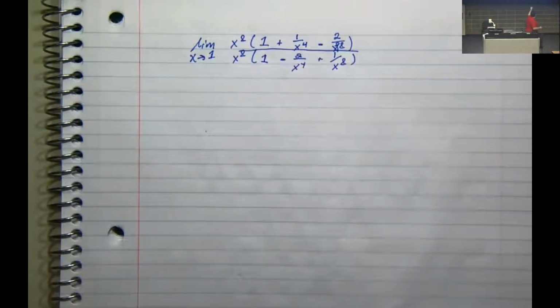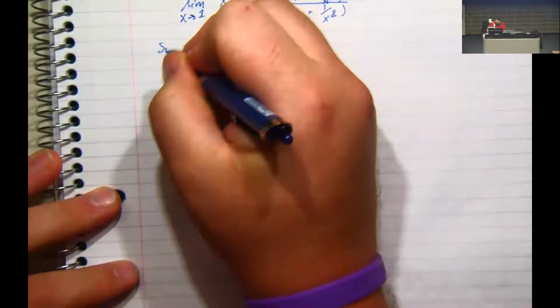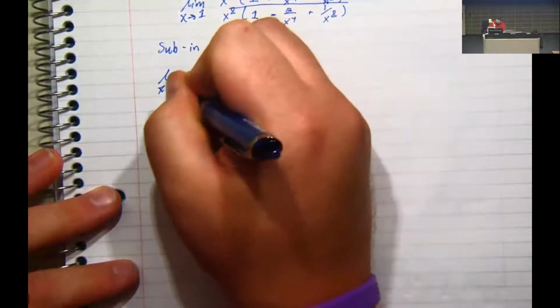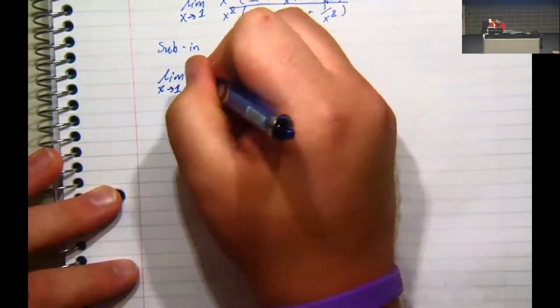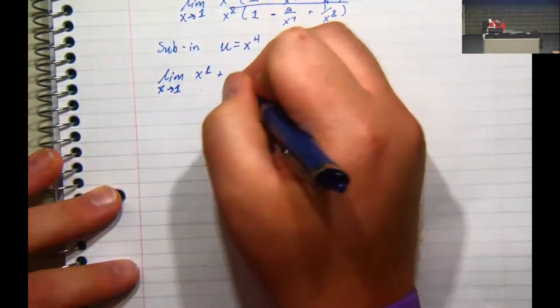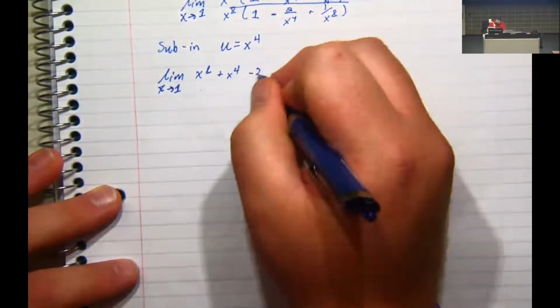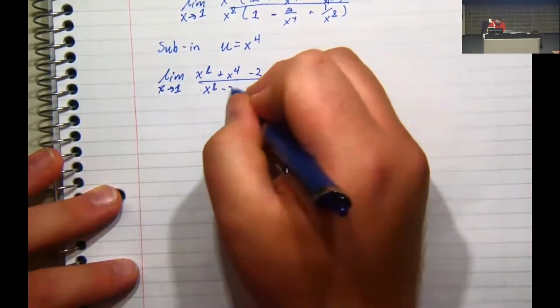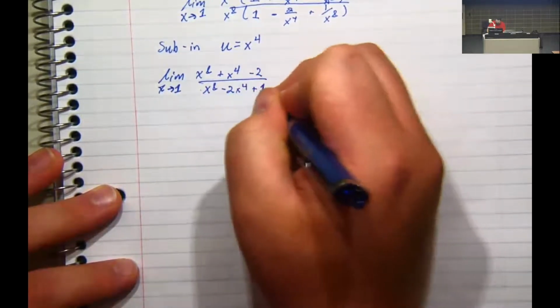You're saying how did I get, okay, yeah. So what I did there was I subbed in u is equal to x to the 4. So basically you have limit as x approaches 1 of x to the 8 plus x to the 4 minus 2 over x to the 8 minus 2x to the 4 plus 1.